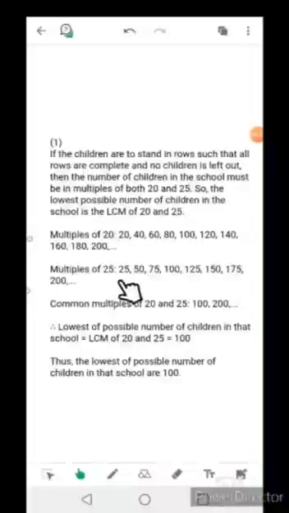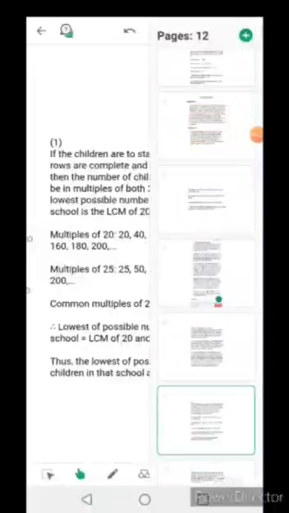And the multiples of 25 are 25, 50, 75, 100, 125 and so on. Now the common multiples are 100 and 200. So the lowest one is 100. So thus the lowest possible number of children in that school is 100. Okay, so students, I hope you got my point easily. I hope you understand easily.